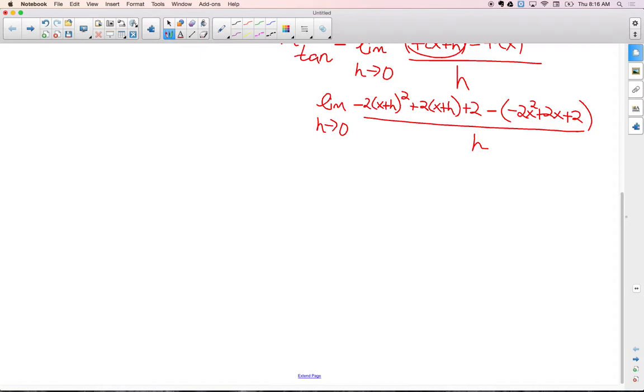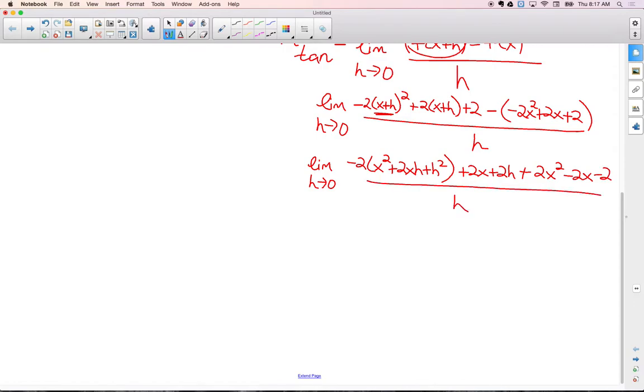All right, so now we're just going to evaluate this limit, and this is going to calculate the slope of the tangent line. So we've got the limit as h approaches 0 of negative 2 times, if you FOIL this, x squared plus 2xh plus h squared, then plus 2x plus 2h, then plus 2x squared minus 2x minus 2, all over h.